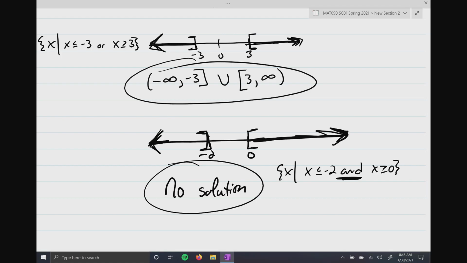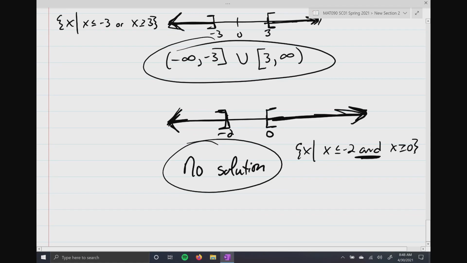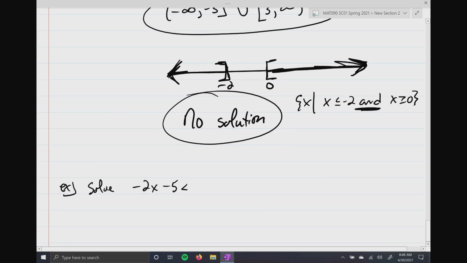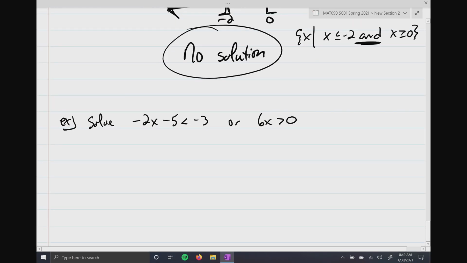Thank you very much. So here we go. Let's look at another problem, okay? So this one, we're going to solve negative 2x minus 5 is less than negative 3, or 6x is greater than 0.